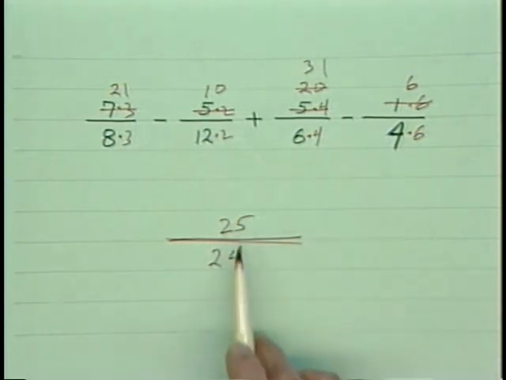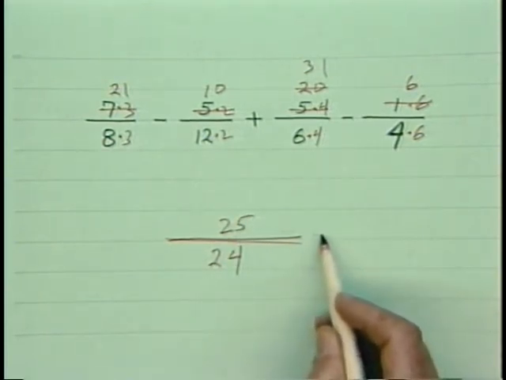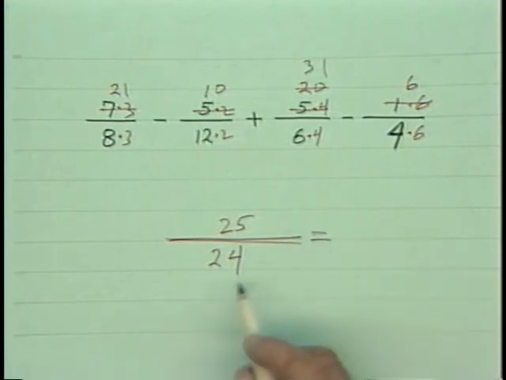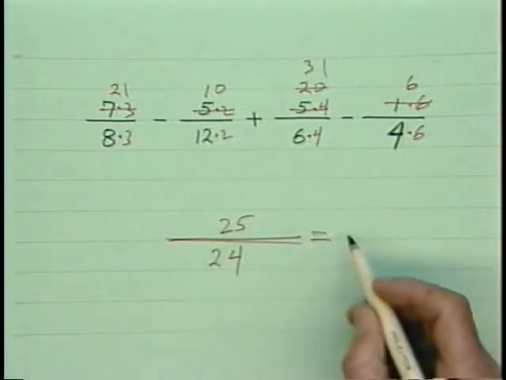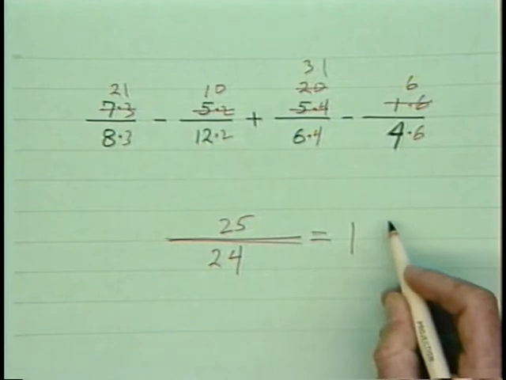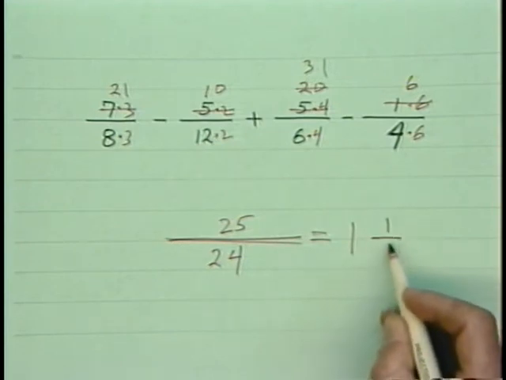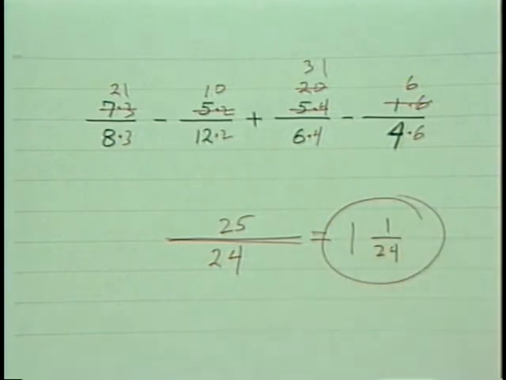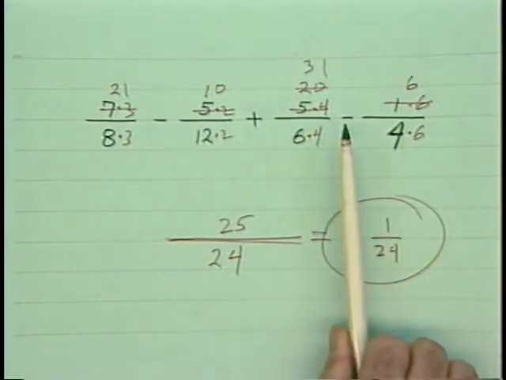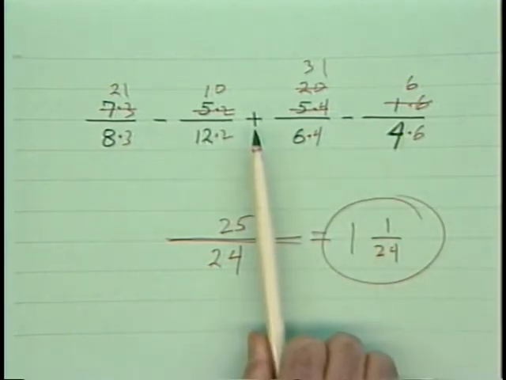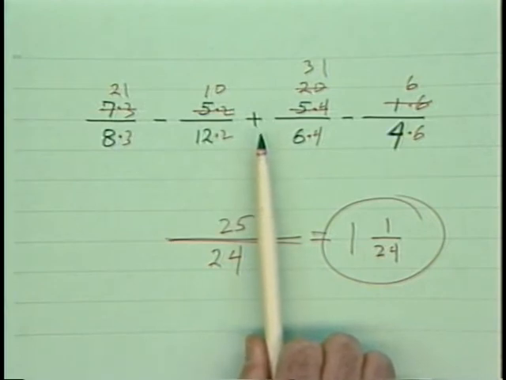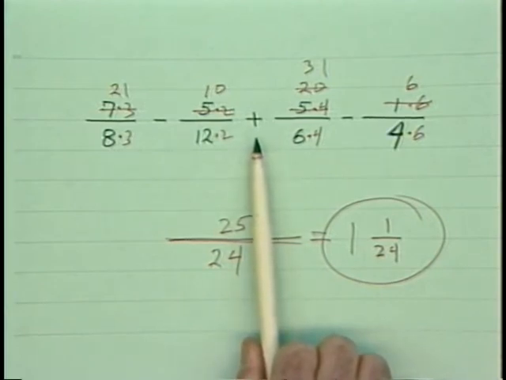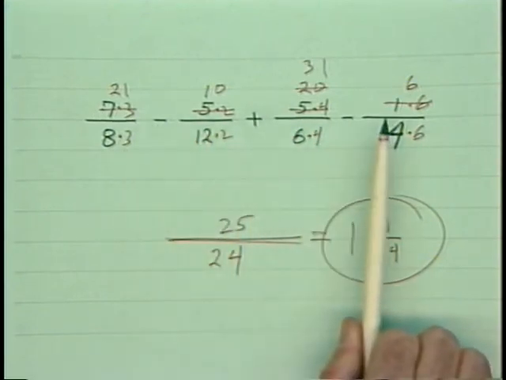Then in this case, we can see that I can divide 24 into 25 just once, with a remainder of 1 over 24. So I'm done. So observe this in the future. Very frequently, particularly in formulas that you encounter in science and business courses, you will get multiple operations.